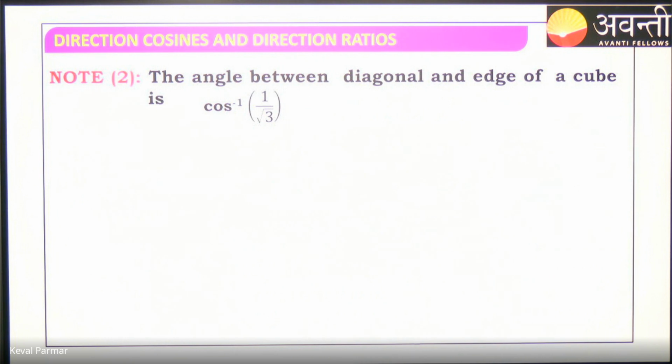You can take the same diagonal which we took in the last question, OG. And you can write the edge. What will be the edge of the cube?